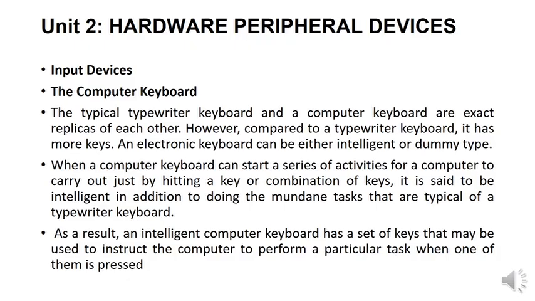Where we are talking about hardware peripherals, which has to do with input devices. One of them is the keyboard, and we all know what a keyboard means. We have it on our phone, but mostly on our phones, they are screen constructed.